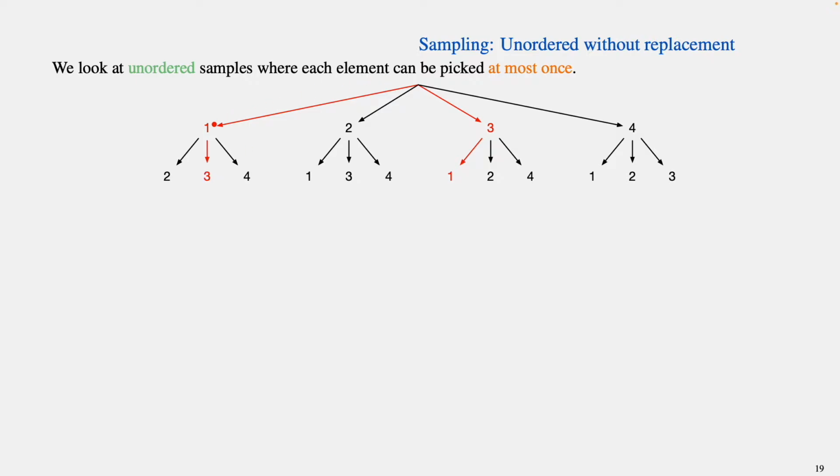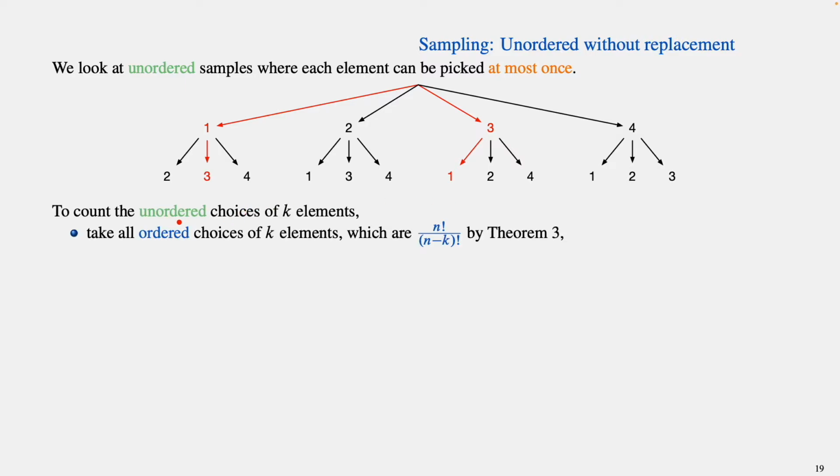So if we pick 1 first and then 3, that's to be considered the same as picking 3 first and then 1. So these 2 paths here are actually just one choice, one possibility for an unordered sample. So we somehow have to get rid of the order in these different paths.